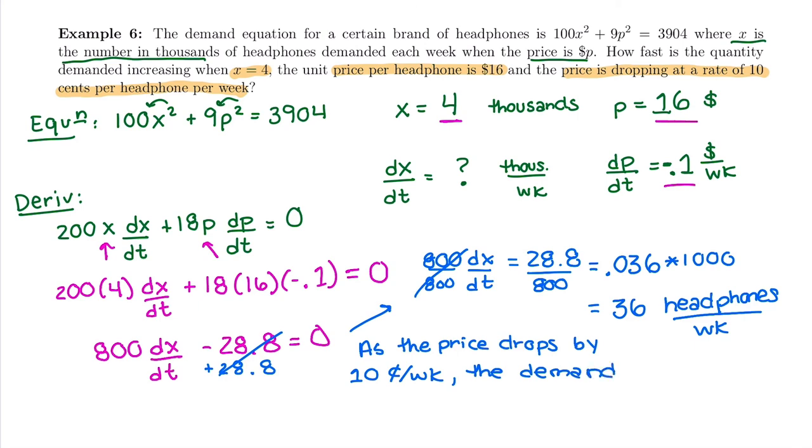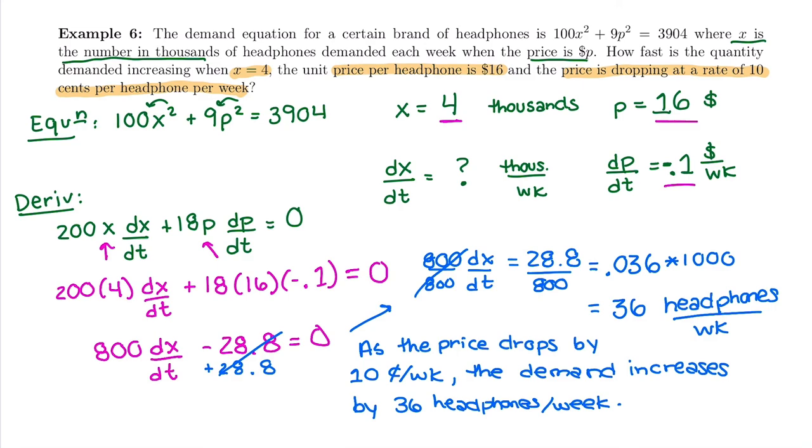Is it going to increase or decrease? Well, we got a positive 36, so the demand increases by 36 headphones per week. So dropping by 10 cents does help their demand a little bit.